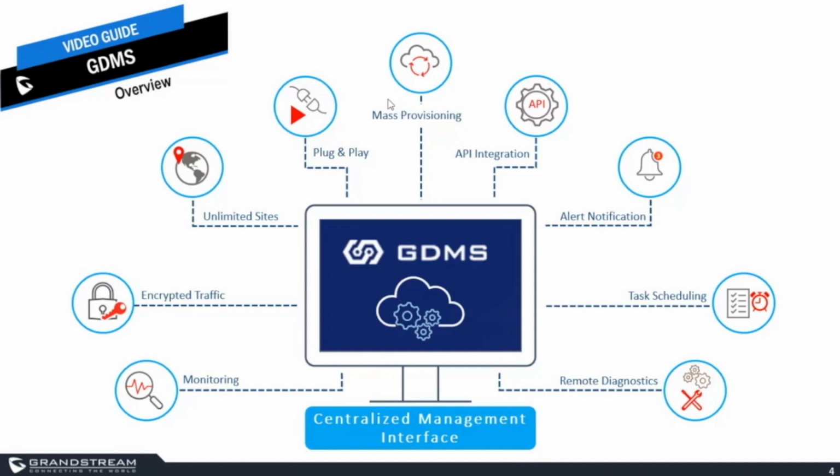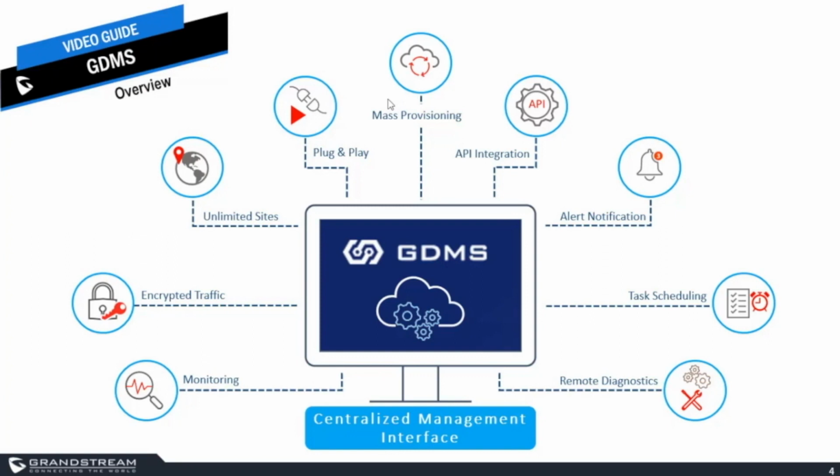It offers the ability to plug and play devices without the need to unbox and manually configure each device. In addition, the site management functionality makes it easy for multi-site businesses to organize and manage their devices by site and subsites.